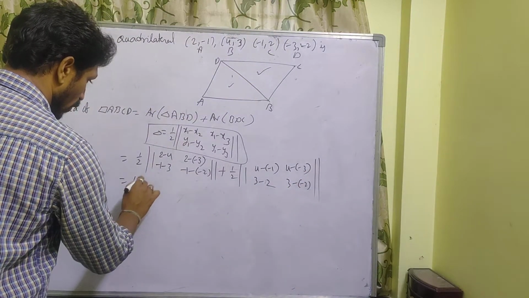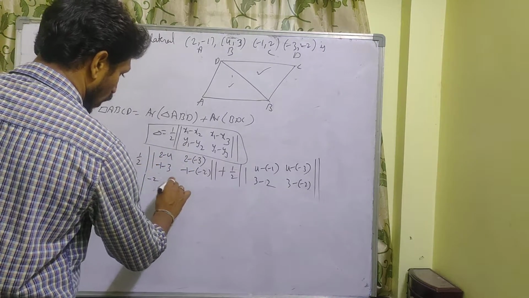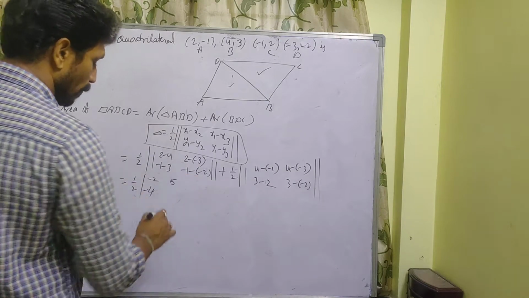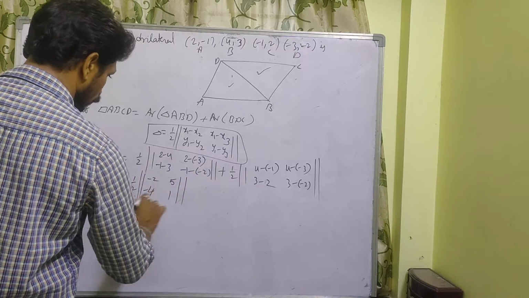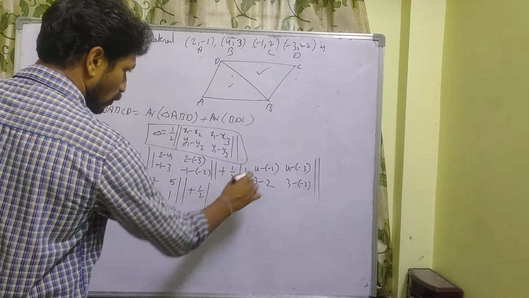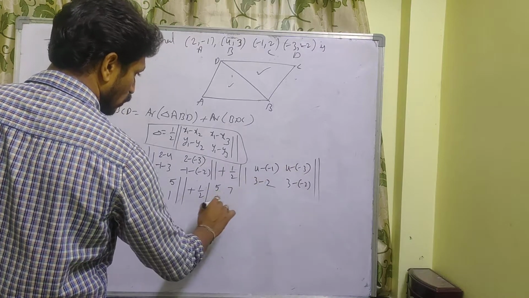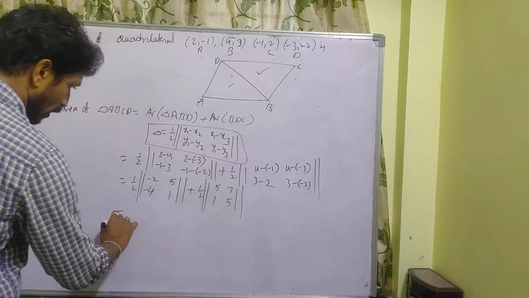See, this is equal to 1 by 2 into determinant of 2 minus 4 is minus 2, 2 plus 3 is 5, 1 minus 1 minus 3 is minus 4, minus 1 plus 2 is 1, plus again half into determinant of 4 plus 1 is 5, 4 plus 3 is 7, 3 minus 2 is 1, 3 plus 2 is 5. So find out the determinant.